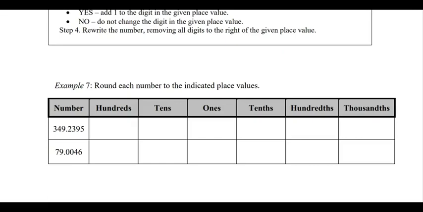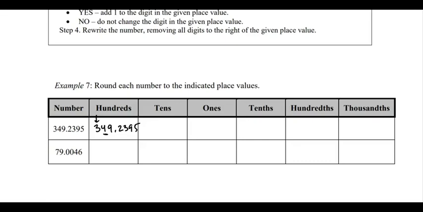So I have 349.2395. I am going to be rounding to this place. So find the place value, put the arrow there, then look at the number to the right of it. The next number is not 5 or greater than 5, so that means the 3 does not change.